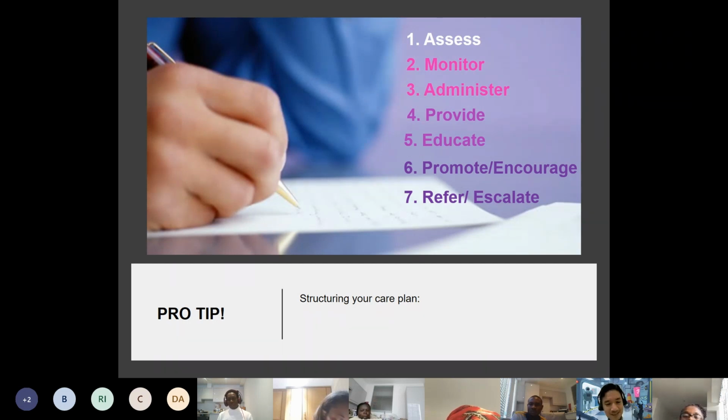So I will educate the patient on the importance of hydration. That is it. Or to drink adequate fluid intake. Well done. Refer or escalate. I will refer to the medical team if the problem is not resolved, or if the fever persists. Well done.